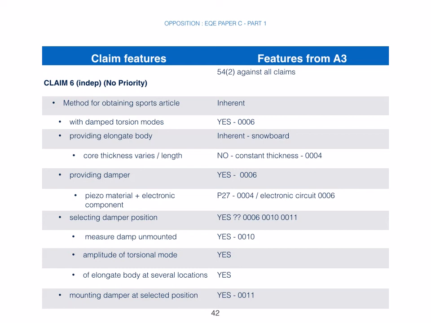Selecting damper position, yes, paragraph 6, paragraph 10, paragraph 11. Measuring with the damper unmounted, yes, paragraph 10. Measuring the amplitude of the torsional mode of elongate body at several locations, yes, and mounting the damper at selected positions, yes, paragraph 11. So we can say that claim 6 is novel over A3 because of the constant thickness of the core.